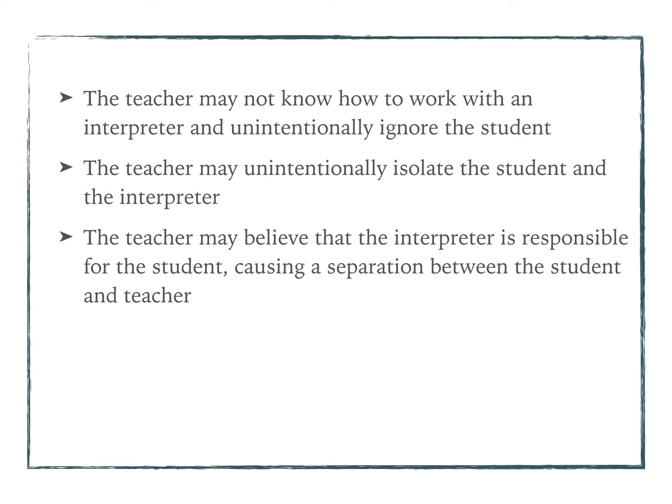And along these same lines, that teacher might believe that the interpreter is responsible for the student, which causes a sense of separation between the student and the teacher. That teacher may not feel a sense of responsibility for the deaf student as the teacher does for the rest of the students, because that deaf student has the benefit of working with that interpreter.